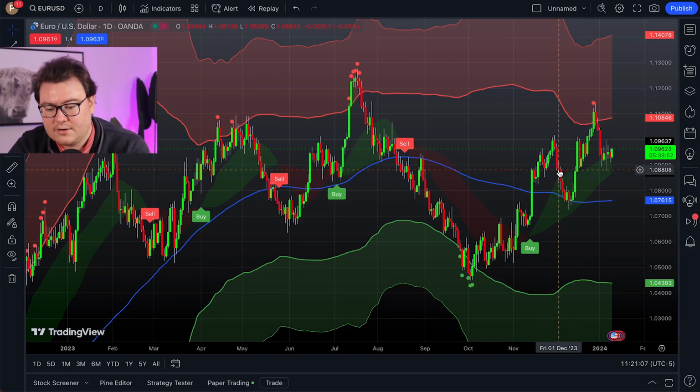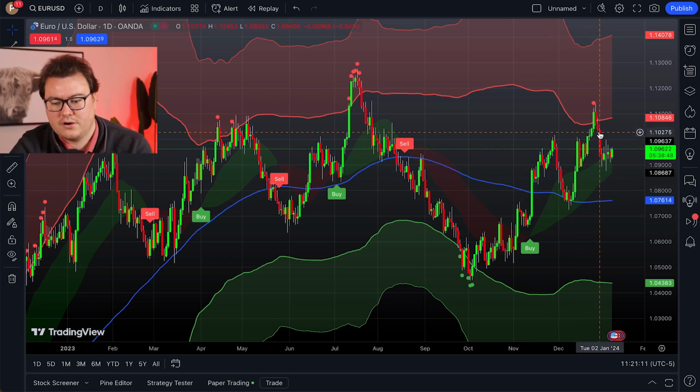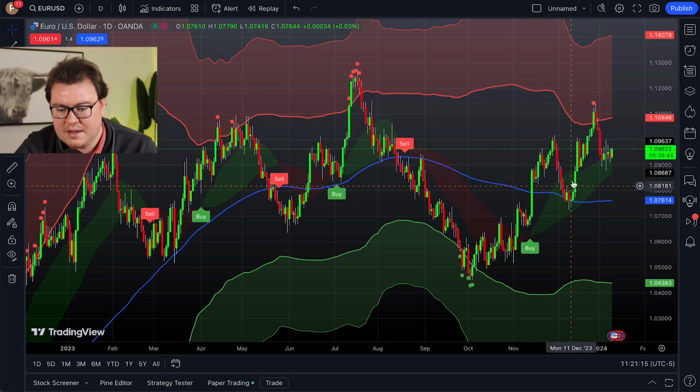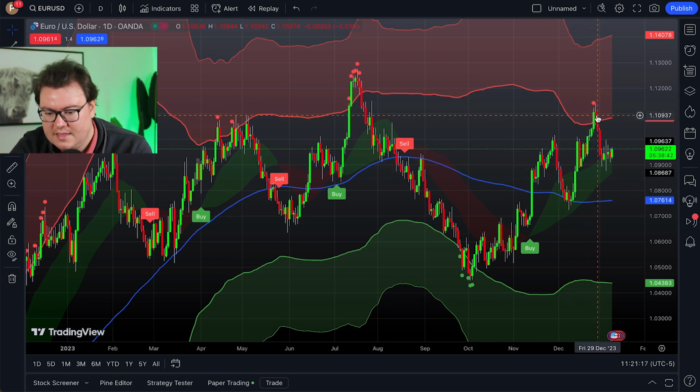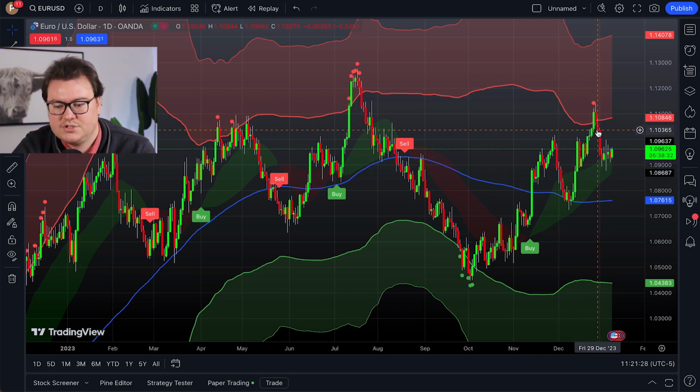So it did not start off well, but if you held onto the euro throughout December, you would have caught this major move right here. And then December ends right here on this candle. So it did come down a little bit, but we started off here and we finished here. So overall, a positive month for the euro in December.